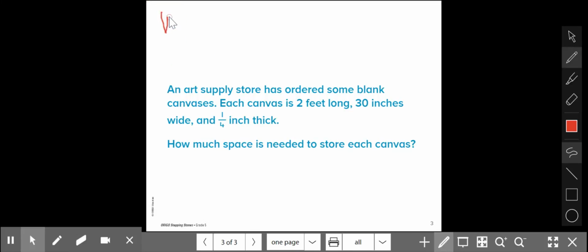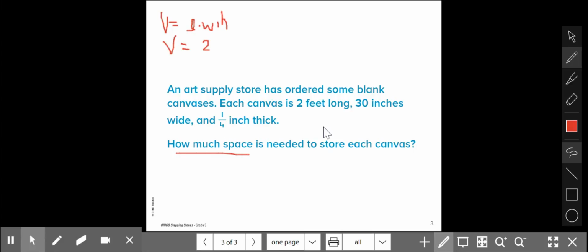So how do we figure out volume? The volume is dealing with how much space we'll need. Volume is length times width times height. So we'll just put those numbers in. My volume is going to be 2 feet, oh no, 30 inches, uh-oh.